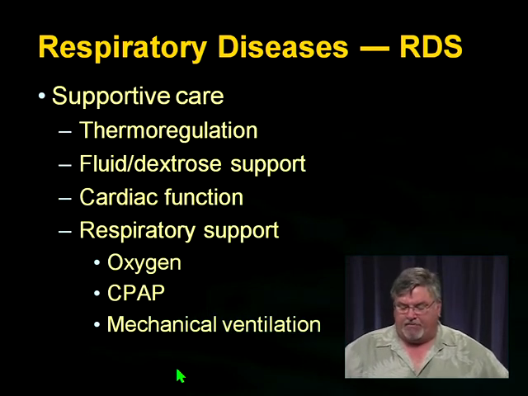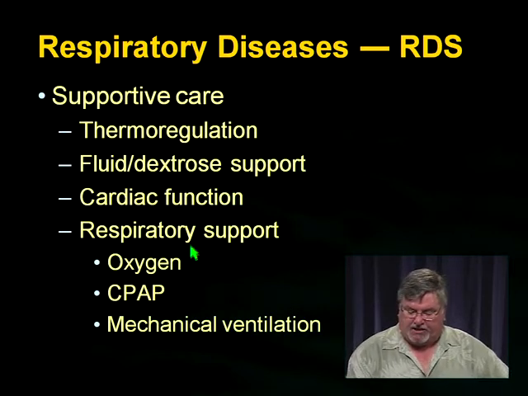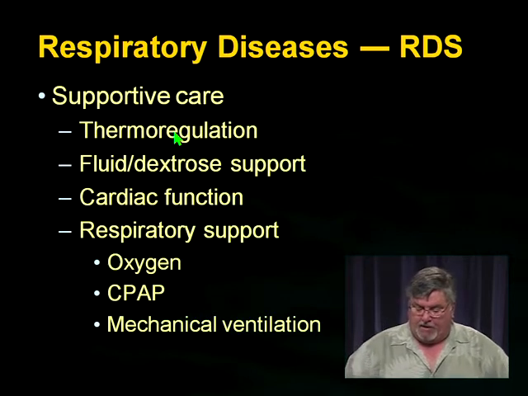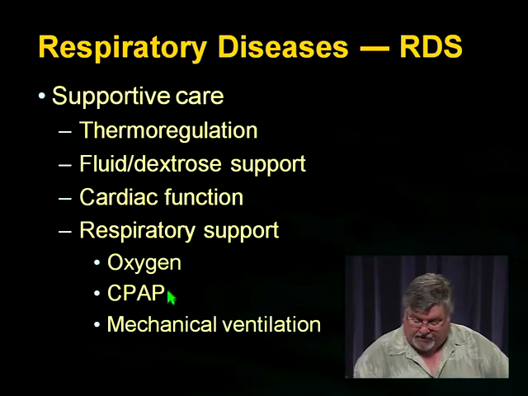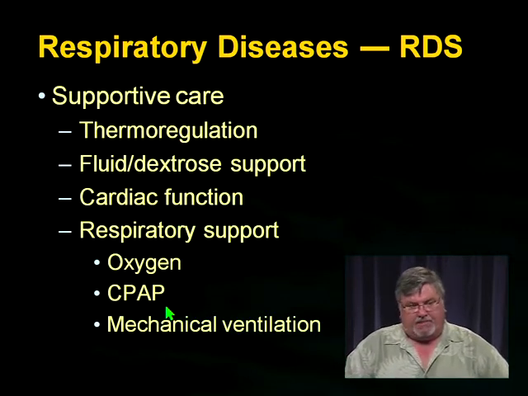It's important to remember about supportive care for RDS. So these are some things that you should also think about. Here the issue is thermoregulation as well as fluid and glucose support. These days, we tend to use more continuous positive airway pressure or CPAP, particularly bubble CPAP, than we do mechanical ventilation.